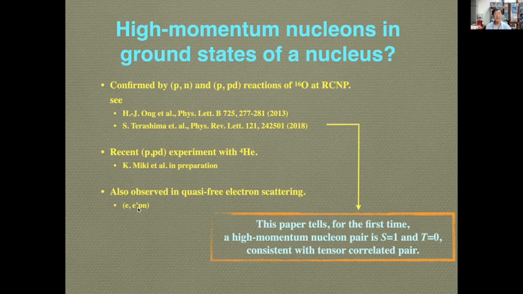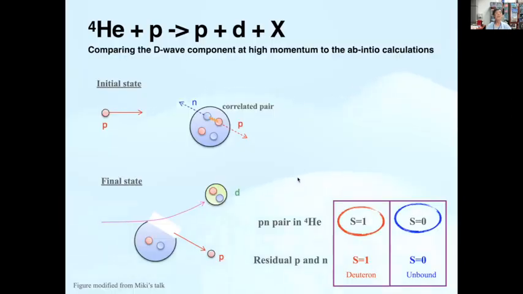But today I just want to show this new experiment we just finished. And this really compares more carefully to the theory. So this is helium-4, and Miki is the main person for this experiment. I just show very briefly how you separate this tensor correlated nucleon and non-correlated nucleon.